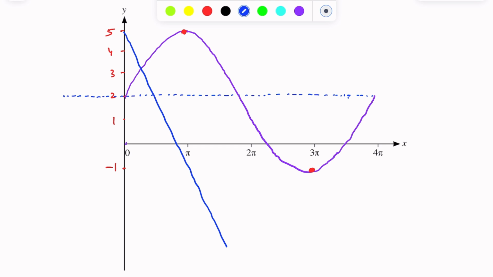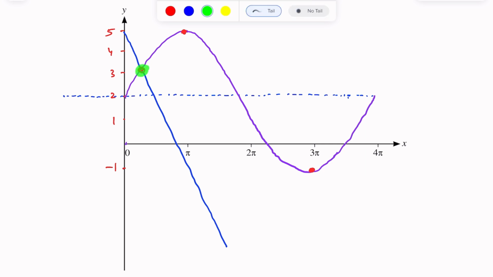Now we observe that there is only one point of intersection of this curve and this line. This is the curve and this is the line we have just drawn, making an obtuse angle with the positive direction of the x-axis and passing through 5. It is very clear that there is only one point of intersection of the line and the curve, that is this point.